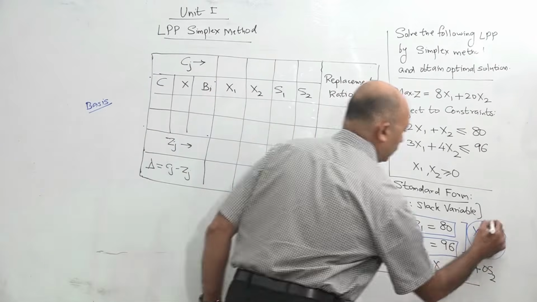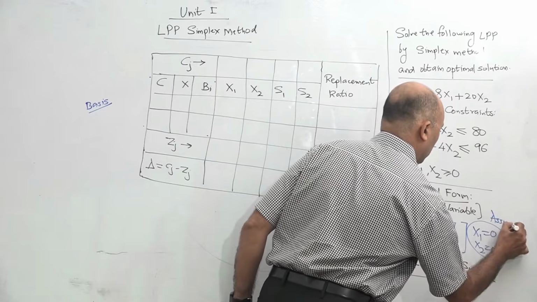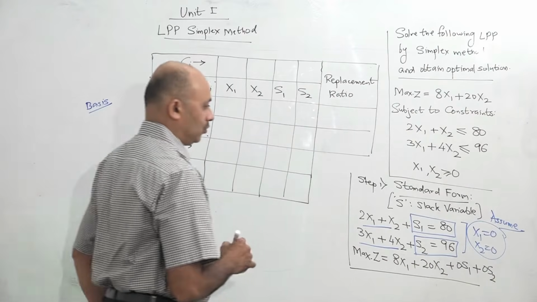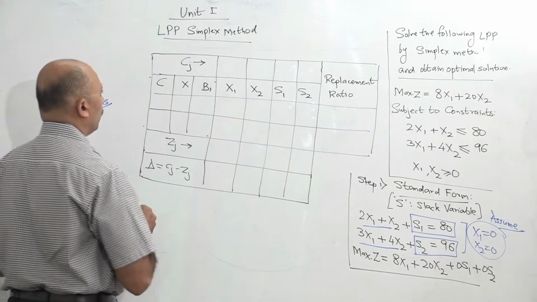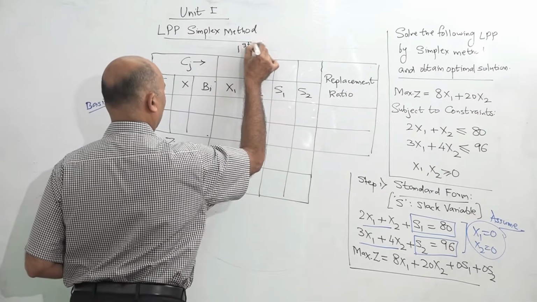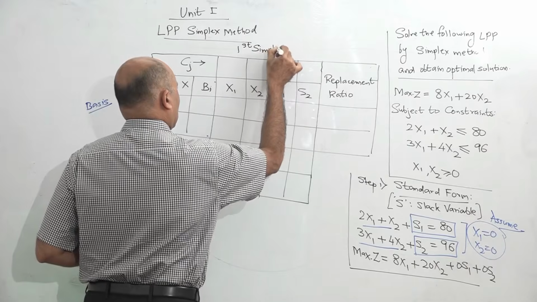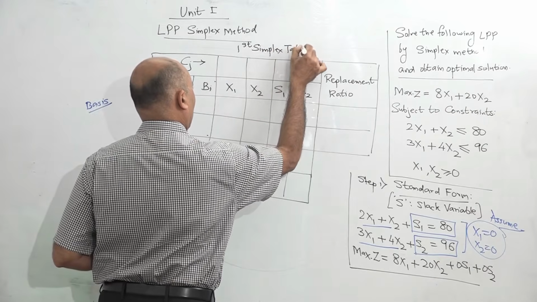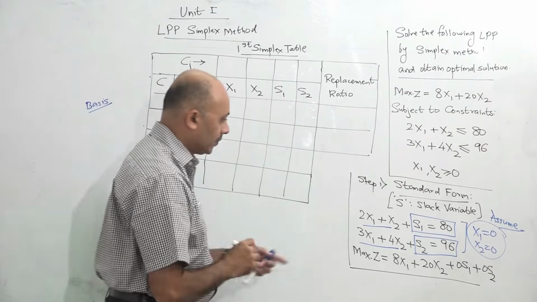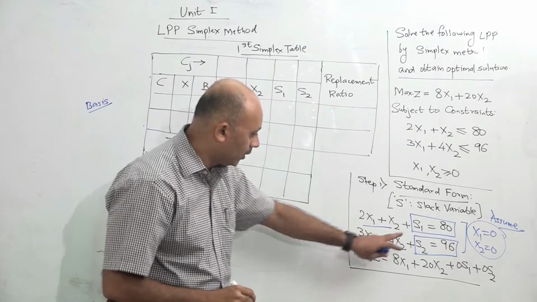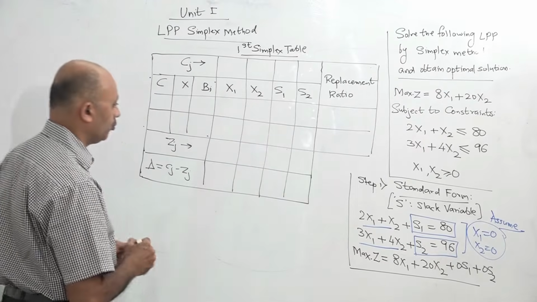We assume this at the start of the solution, and we will give this table the title first simplex table. You should remember that for the first simplex table, you assume that x1 and x2 are 0 and only s1 and s2 remain in the solution.